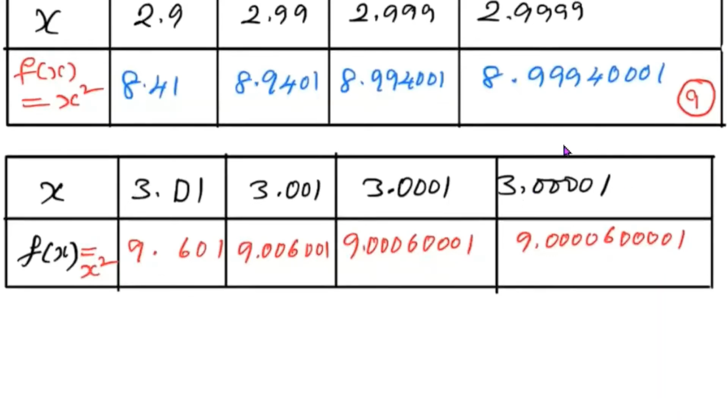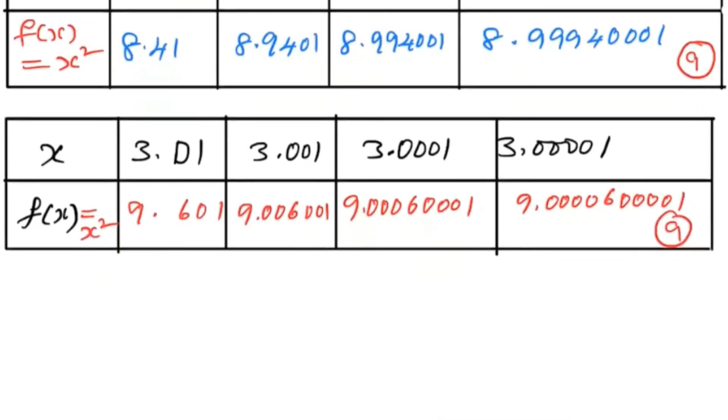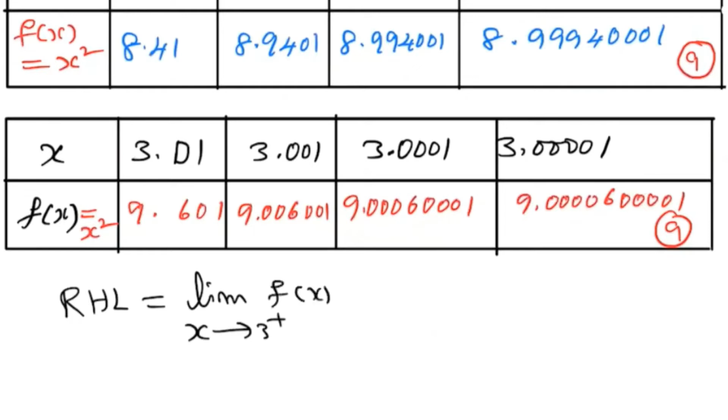When the value of x is very, very close to 3, the value of f of x will be very, very close to 9. So here we say that 9 is the right-hand limit of the function. And we write this as limit x tends to 3 plus, which means that you are approaching the value 3 from the right, f of x.